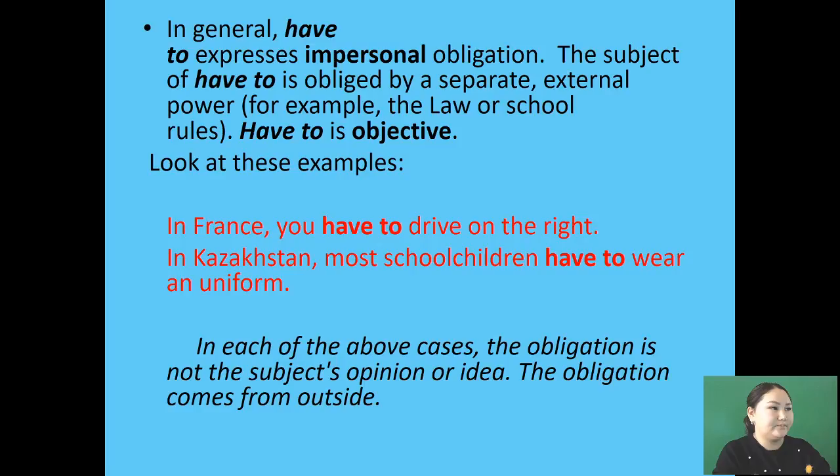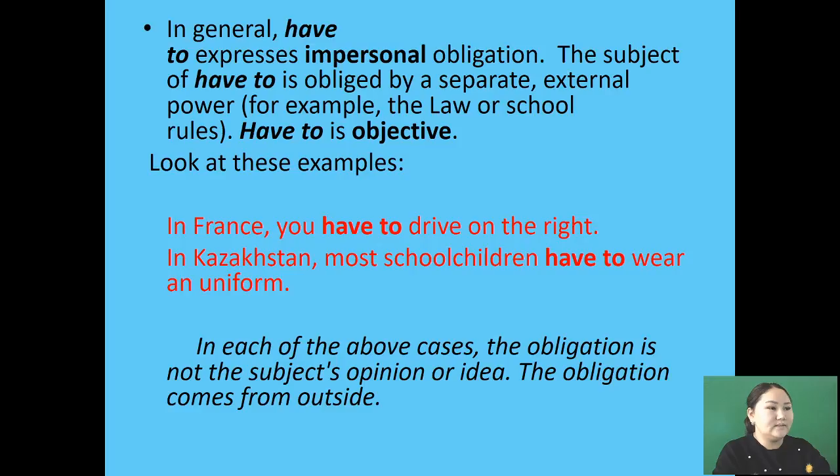Next, in general, have to expresses impersonal obligation. The subject of have to is obligated by a separate external power, for example, the law or the school rules. Also, have to is objective. So let's look at the examples.